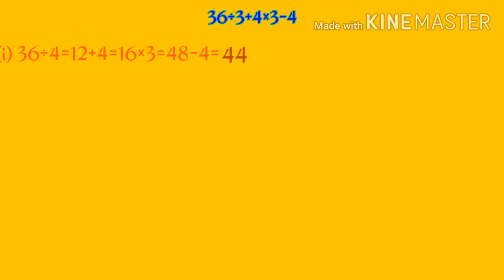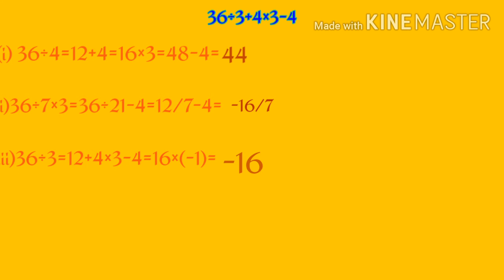Now the second way. This gives -16 upon 7 as the answer. Now the third way. This gives -16 as the answer. And let's see the fourth way. As you can see, this gives 20 as the answer.